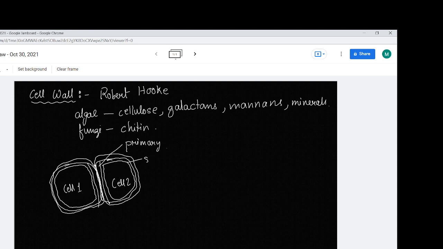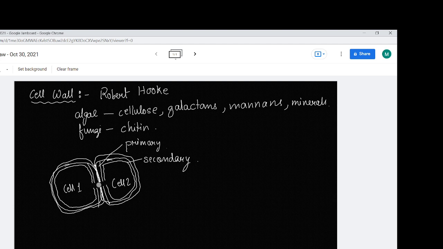So this is the secondary. There can be certain pits, or there can be certain connections between both the cells, cell 1 and cell 2, in the form of plasmodesmata.